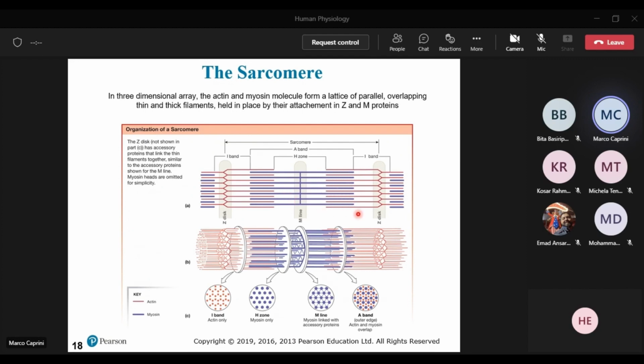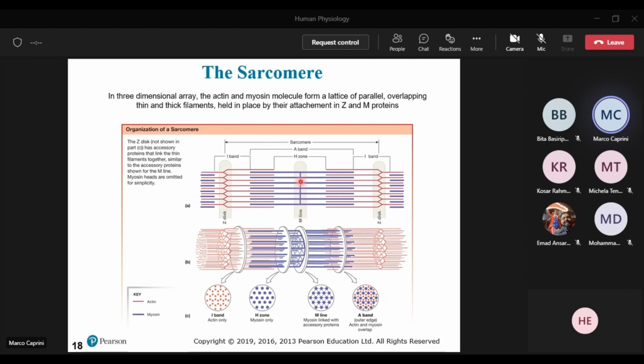The H zone here is a clear band in the middle of the A band. Why is the light clear here? Because there are only heavy chains, only the myosin filaments. Finally, the M line represents the protein to which every heavy filament attaches. It's something like the Z disc for the actin.